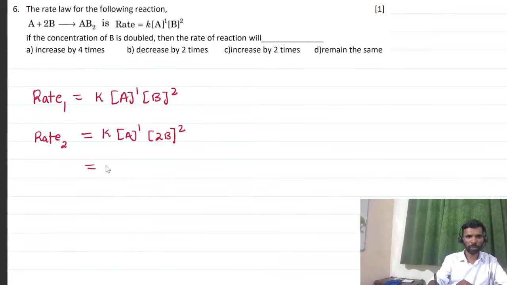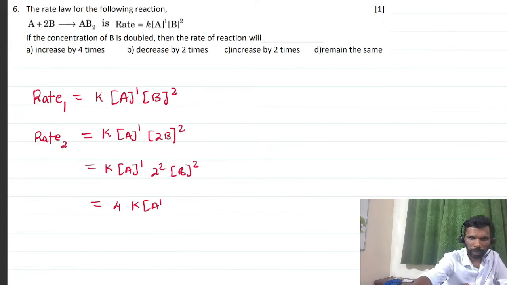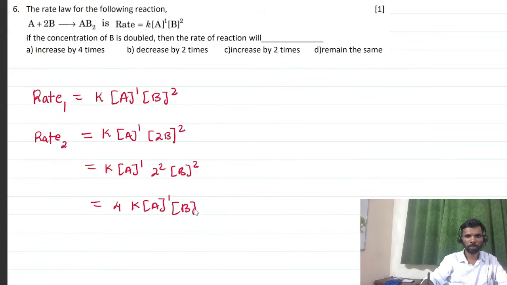So this is K, A raised to power 1, and this 2 will become 2 squared, and I write this B squared. So 2 squared is 4. I'll write it separately: 4 times K A1, A1 means A raised to power 1, first order I mean, and B raised to 2.